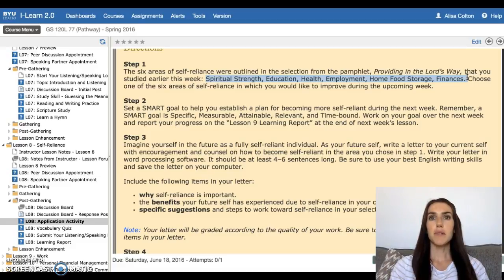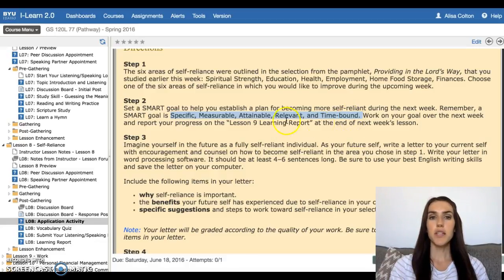Just remember, it needs to follow the guidelines, and it needs to follow these characteristics. It needs to be specific, something you can measure, attainable, meaning I can reach it, it's possible, relevant, important in your life, and time-bound. You have a time when you're going to try to finish that goal.